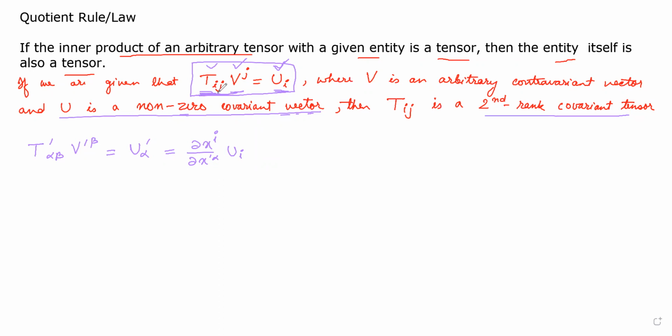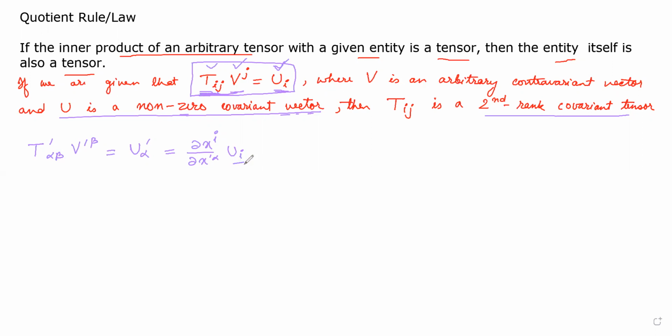To check whether any quantity is a tensor or not, we just see whether it satisfies the transformation rule for tensors under coordinate transformation. So we start with T alpha beta V beta in the prime frame, that is equal to U alpha prime, that is given. Now we apply the transformation rule for U. Since U is a covariant vector, that is a covariant tensor of rank 1, it transforms according to this tensor transformation rule that we already know.